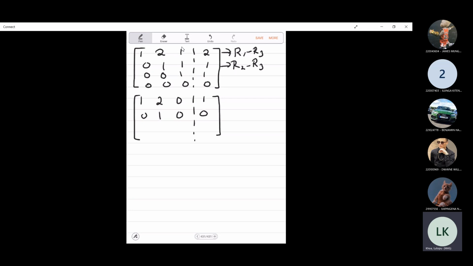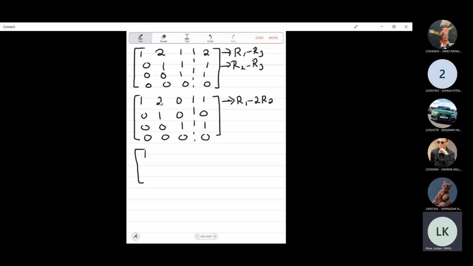And then we have 0, 0, 1, 1, and 0, 0, 0, 0. Okay, so we need to make this one here 0, so we can multiply this row here by 2 and then subtract it. So this one here, we get row 1 minus 2 times row 2.